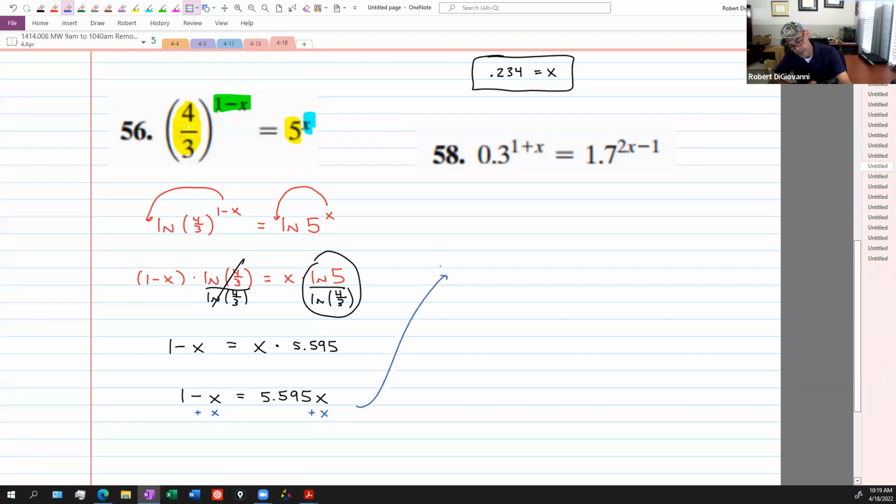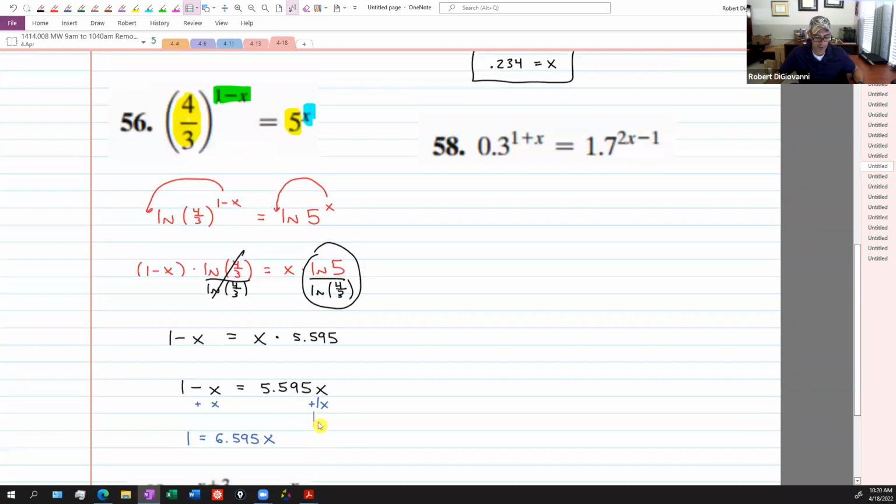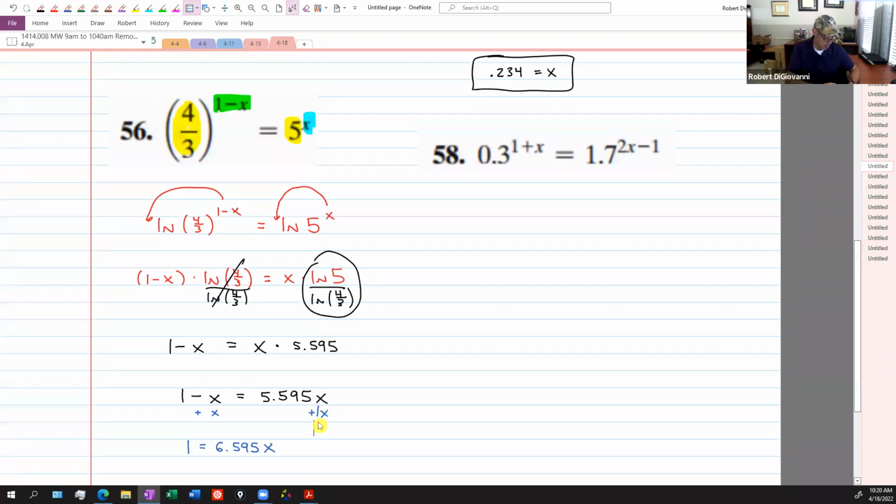That'll give me 1 equals 6.595x, because I'm just adding 1x to 5.595 x's. And then 1 divided by 6.595 is 0.152, which is approximately equal to x.